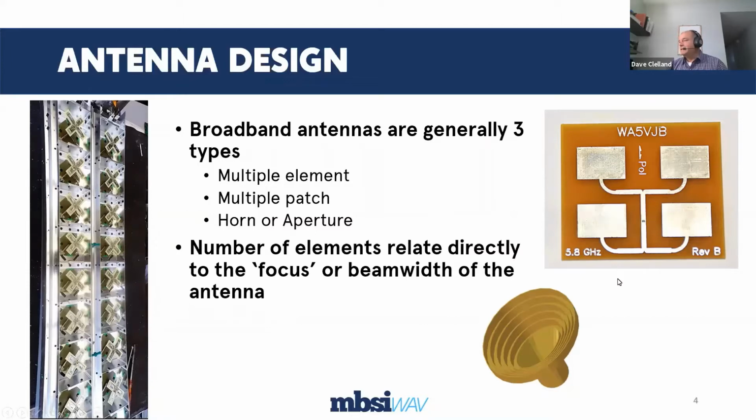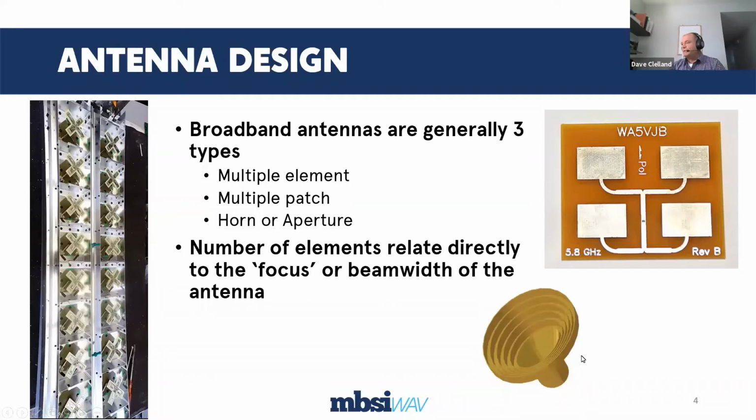we'll talk about that in a second here. The other antenna that I show here looks like a funnel, but in fact it's a horn type of antenna or an aperture type of antenna. This type of antenna is tuned to the wavelength of the signal coming in.